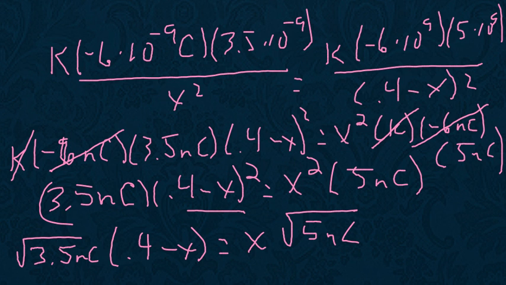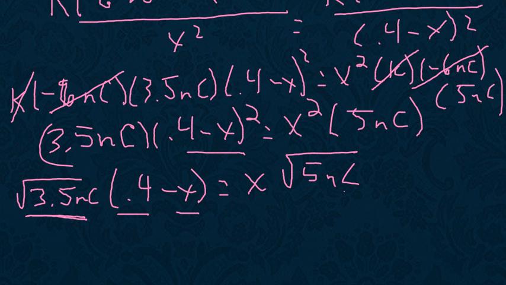Now it's just a matter of doing a little bit of algebra. Square root of 3.5 nanocoulomb times 0.4 minus square root of 3.5 nanocoulomb times x is x times square root of 5 nanocoulomb. In other words, just go ahead, isolate, and solve for x at this point. And when you do, x winds up being 0.18 meters. But now we have to ask ourselves, from which particle was that 0.18 measured?